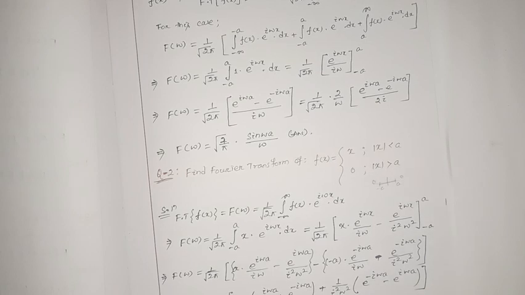Now from this term and this term we can take common 1 by i square omega square. Here you can see this is minus plus, so I am going to take common plus i square omega square. So first we write e to the minus i omega a, then the second term is this one, minus e to the i omega a.